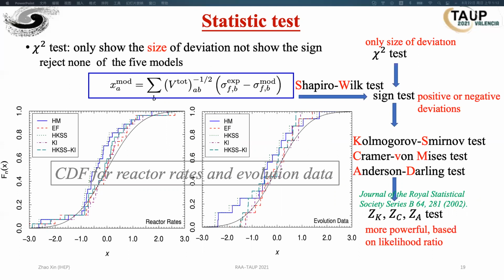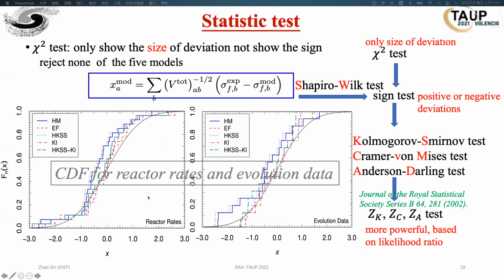It might be a Gaussian distribution, and we also apply the Shapiro-Wilk test to test whether it is a Gaussian distribution or not. And then we use the sign test and the classical KS test, the CVM test, and the AD test.